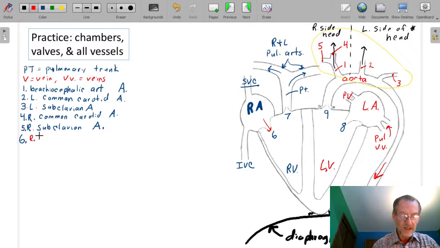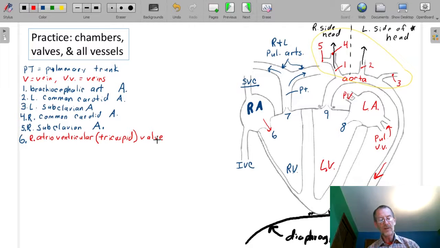So 6 is the right atrioventricular valve. This is also sometimes referred to as the tricuspid valve. That's the first one. Atrio for atria, ventricular for ventricles, the atrioventricular valve.